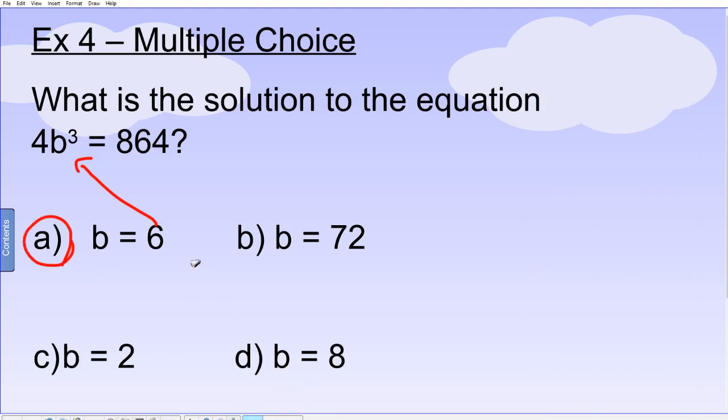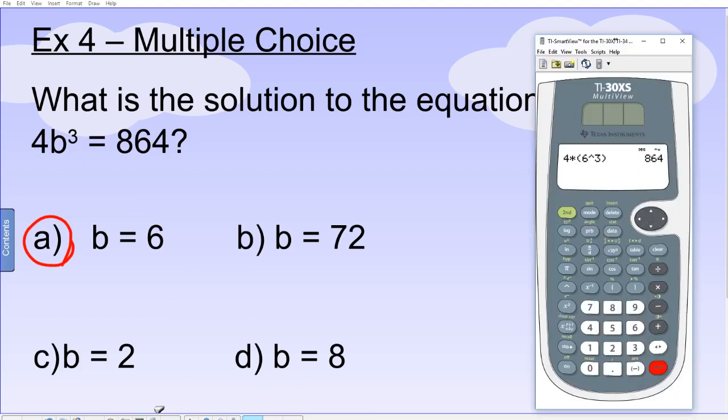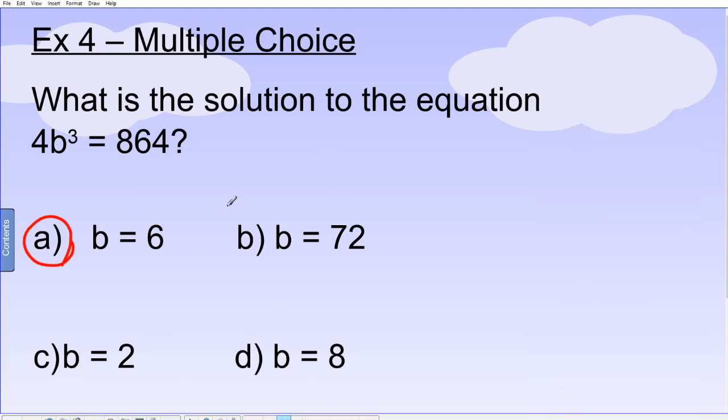Now, what if you didn't use guess and check? If you solve this by hand, well, what you would do is solve like we solved the other ones. You would, first off, get rid of this multiply by 4 out front.